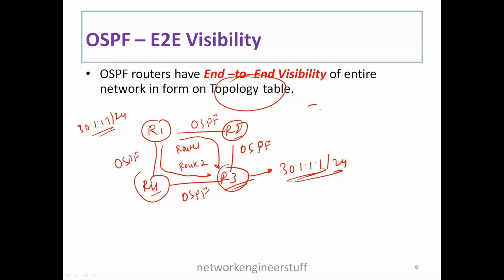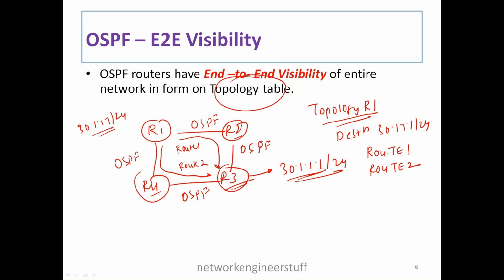So in the topology table of router R1 for destination 30.1.1.1/24, it will be having route 1 and route 2. So it will be having two routes.